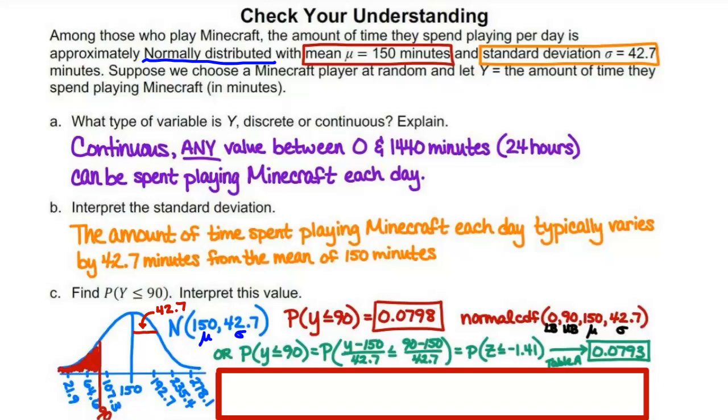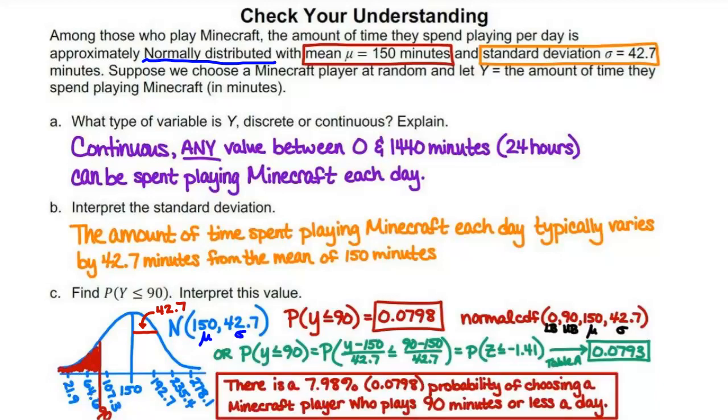So the probability that a randomly chosen player plays Minecraft for 90 minutes or less is what? 7.98%. There's a 7.98% probability of choosing a Minecraft player who plays 90 minutes or less a day.